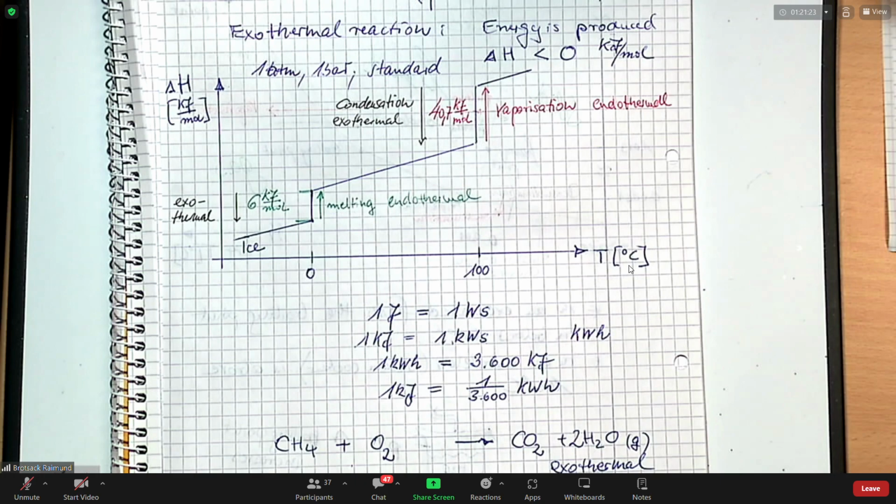Because when that happens, the water comes down in the chimney and you have a wet chimney. And that's not fine. So normally we have to check on the top of the roof where the top of the chimney is, it should have a temperature level above 100 degrees Celsius, so that the water is going out as steam. For CO2, no problem, it's a gas. But water can condensate.